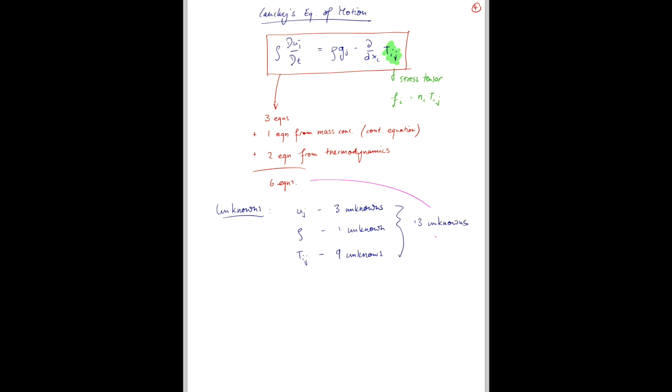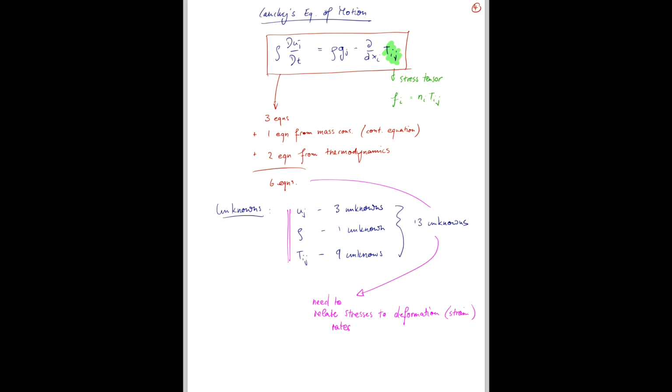So as it stands, our system is underconstrained and we can't actually solve for our flow field and our stress field. The way you get around this is that we need to relate stresses to deformation or strain rates.